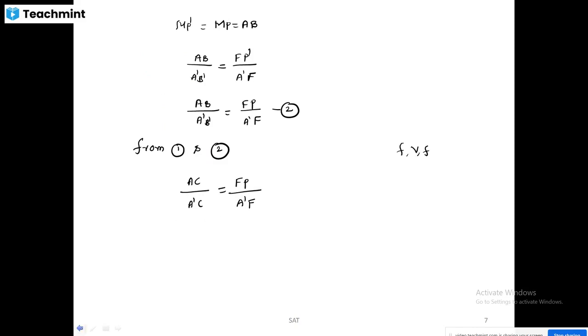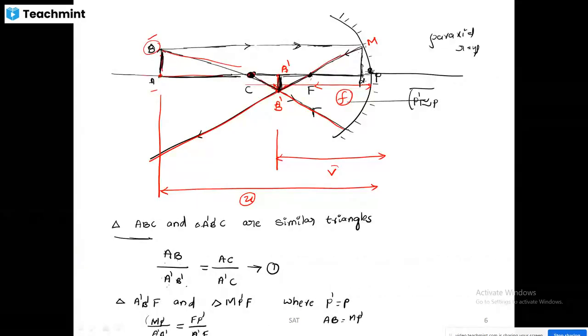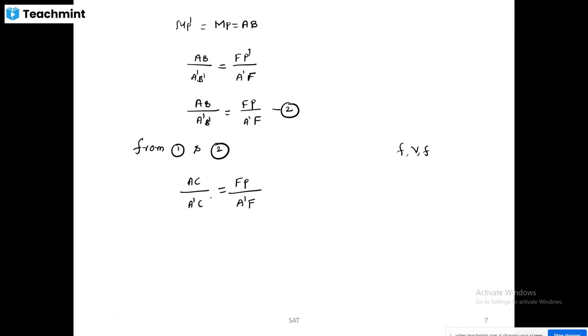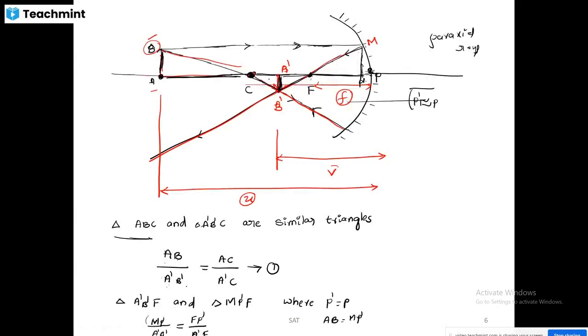Okay, go back to the diagram. AC, what is AC? I can write it in terms of distances from P. So AC is equal to AP minus CP. Next, what about A dash C?